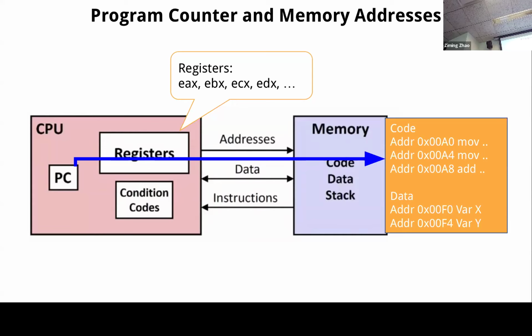The CPU needs to fetch that data from the memory to the CPU again, maybe put it into the registers. Then eventually, after the operation, the CPU may put things back to the memory. So you can say this is actually a very slow procedure.